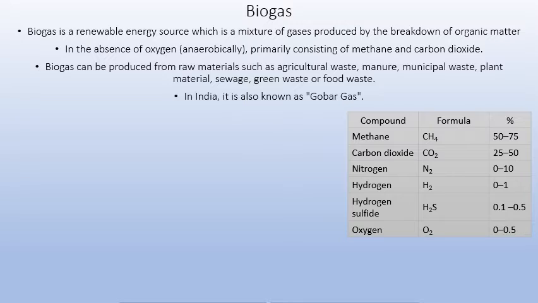That depends from place to place and the kind of raw material or vegetable waste we put into the plant, which means the anaerobic digestion system. Depending upon that, the presence of hydrogen sulfide and nitrogen would vary. But most commonly, methane and carbon dioxide will dominate, and even among the two, methane will be the most dominating gas produced from biogas.